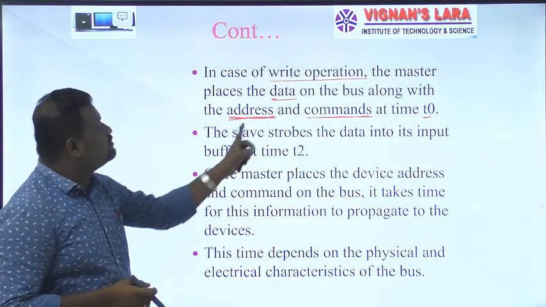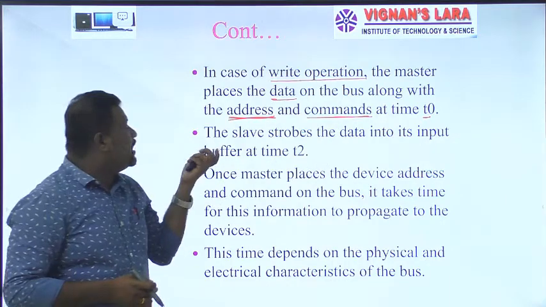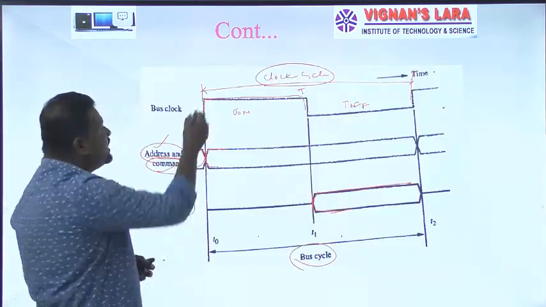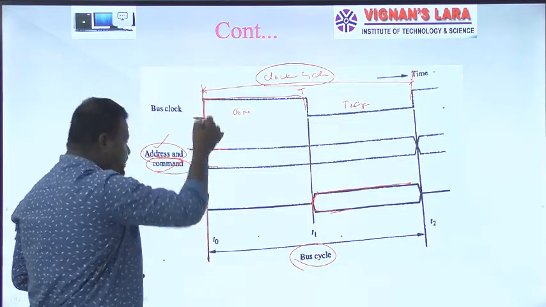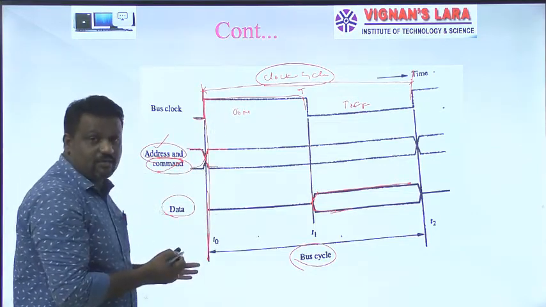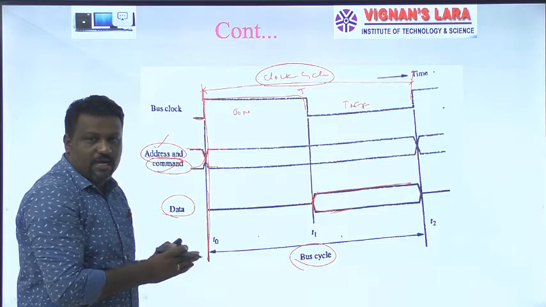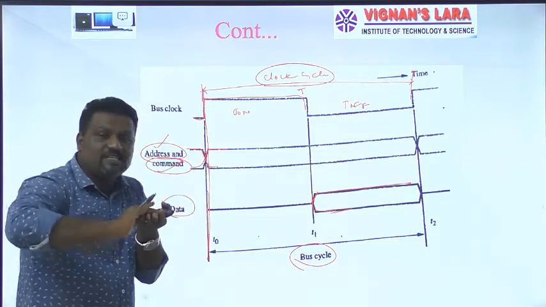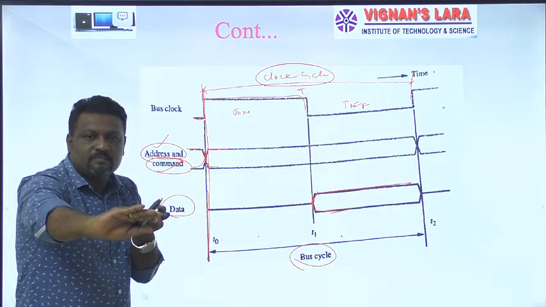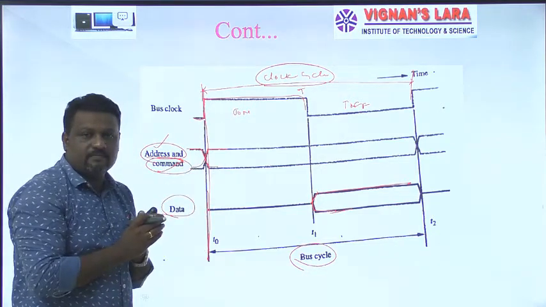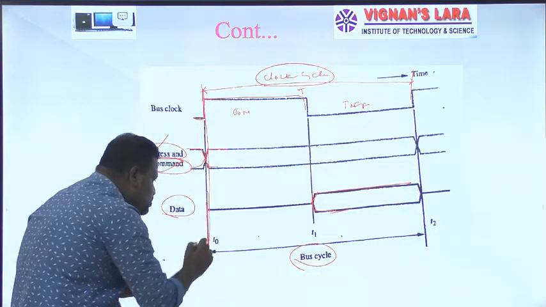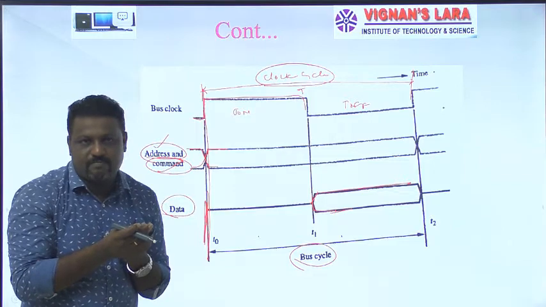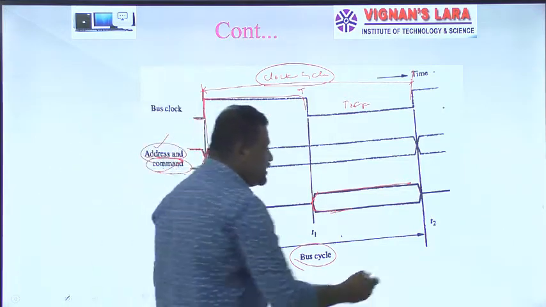Fine. The slave stores the data into its input buffer at time T2. See here, guys. At time instant T0, what my master does is place the data, address, as well as the command signals on this particular bus. That means at this time instant, my master places these three pieces of information over the bus. And what happens at T2?